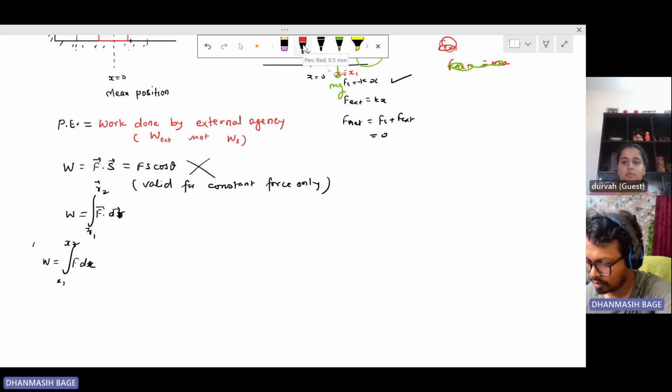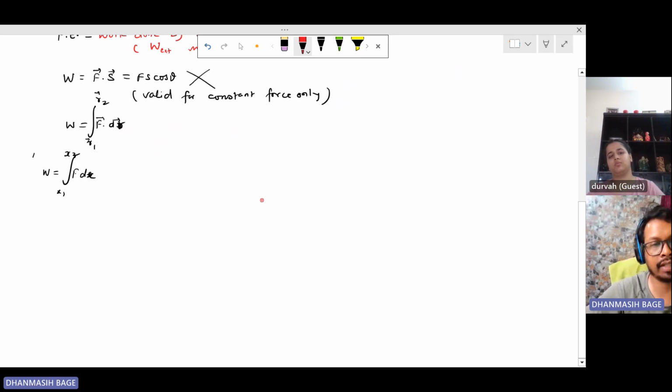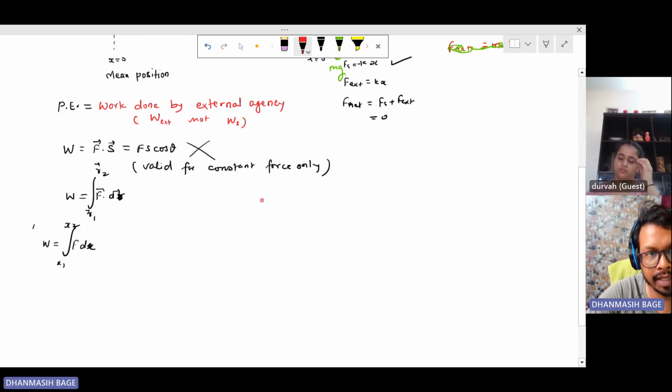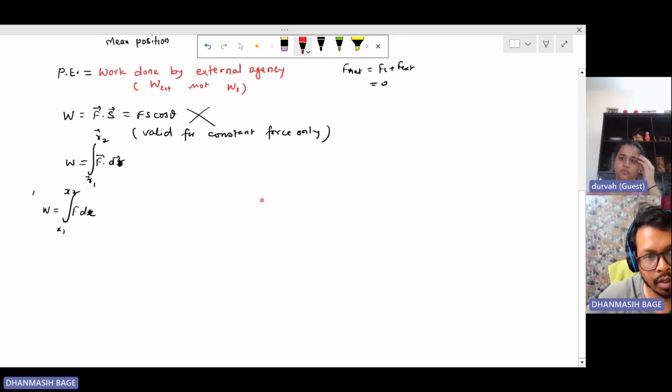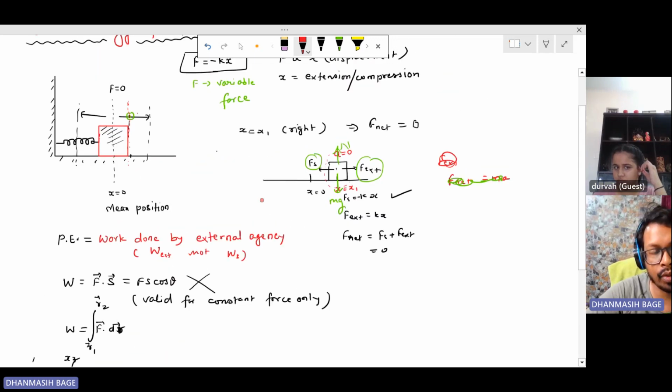Okay, now just see this thing here. If I try to calculate the work done by the external force, work done is equal to, let us say, integral from 0 to x of F dx. Why am I taking this? Because cos theta will be 0 degrees.